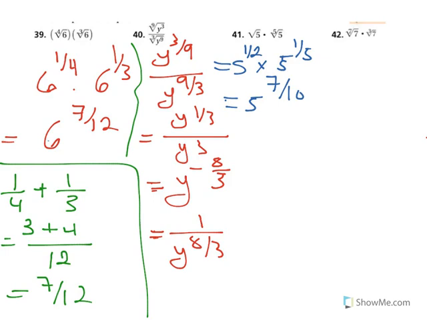Okay, next one is the 7th root of 7 times the cubic root of 7. So I have 7 power 1 over 7 times 7 power 1 over 3.